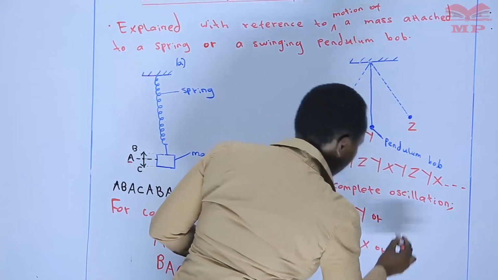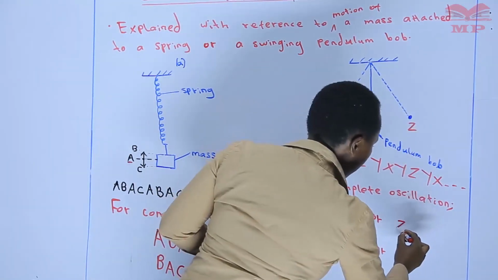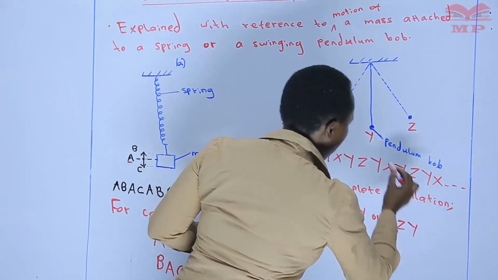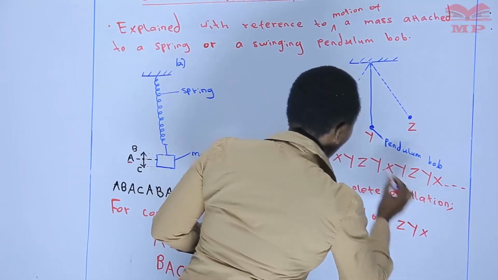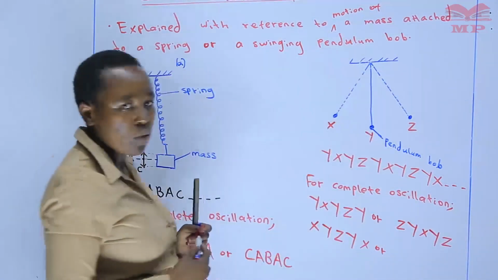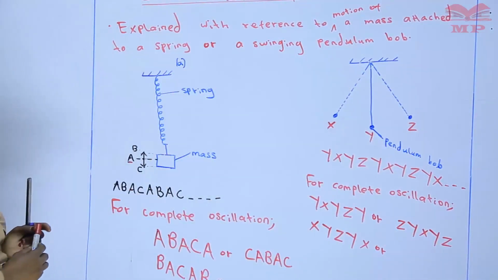Or if we are starting from Z, it moves from Z to Y, then from Y to X, from X to Y, and finally back to Z. So that is a complete oscillation.